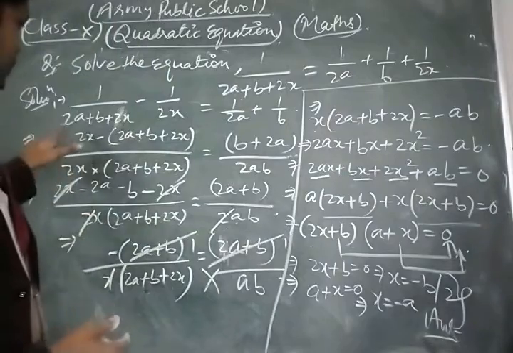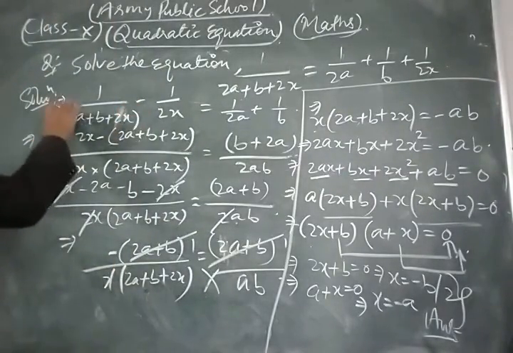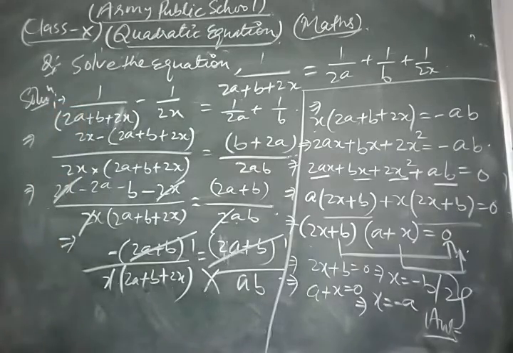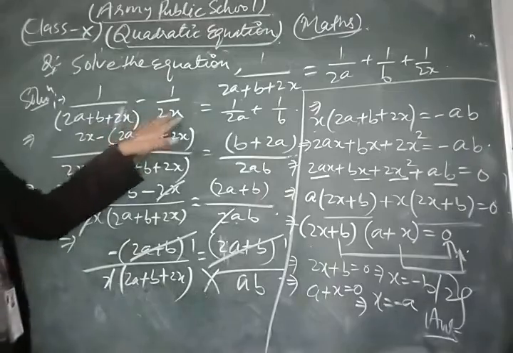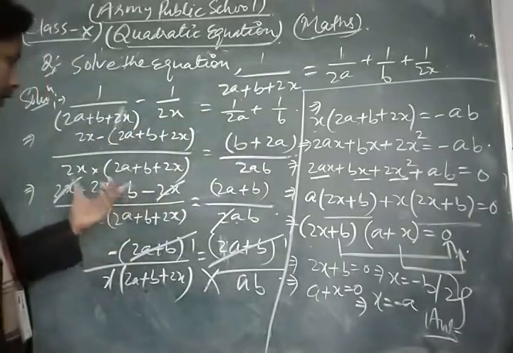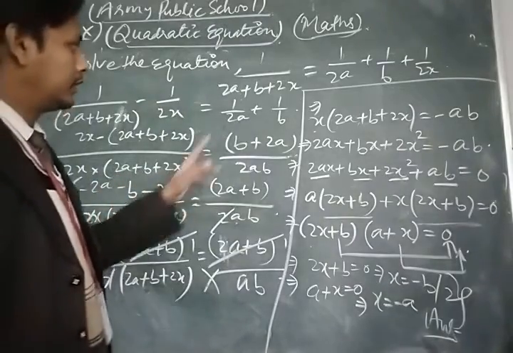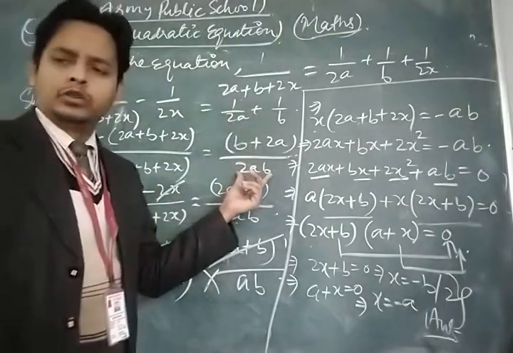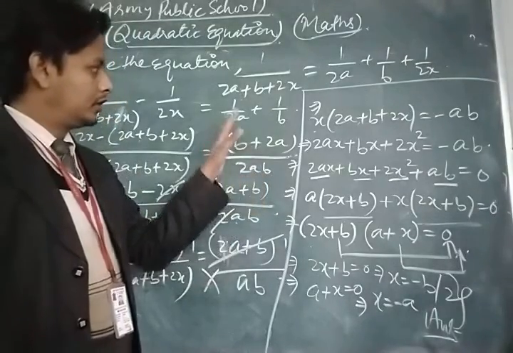Now from these two terms and from these two terms we take the LCM as 2x into 2a plus b plus 2x, and from these two terms 2ab.